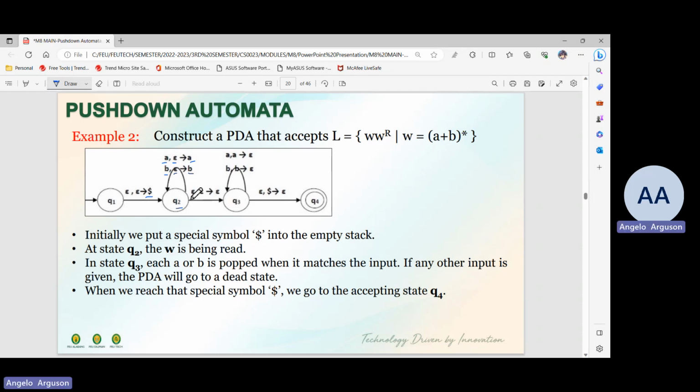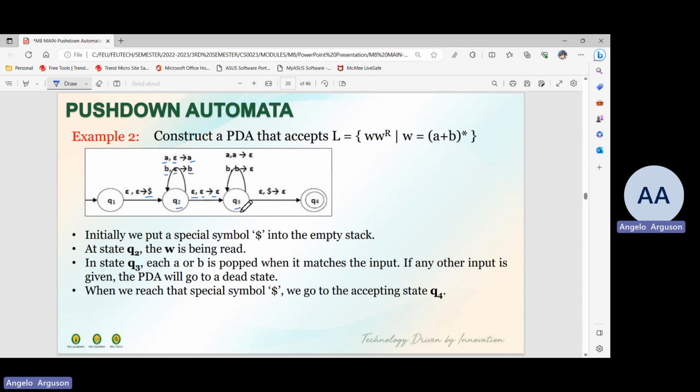Before we move on to Q3, we also have this: if we have encountered a null or an epsilon, and our stack is still empty, then we're pushing nothing, an empty string.